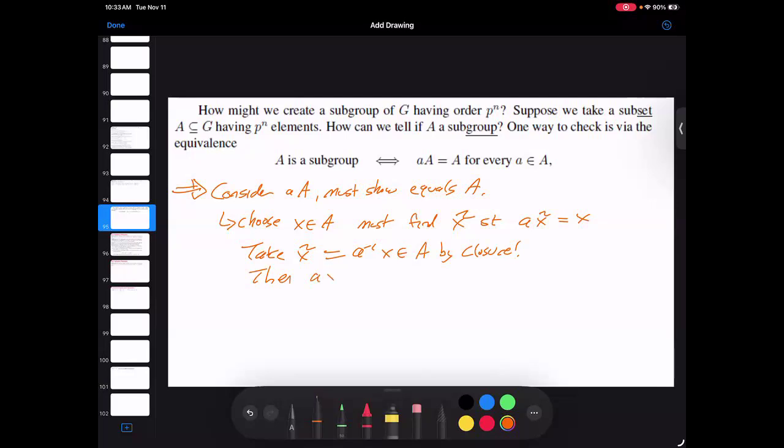Then a x tilde would be a times a inverse x, which is a a inverse by associativity times x, which is e x, which is x. So this shows that we can get everything. You give me anything in A, and it's in little a times A.